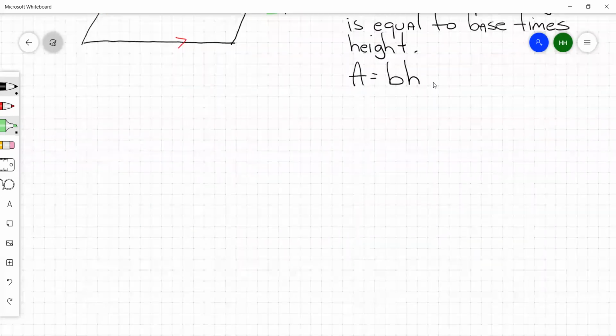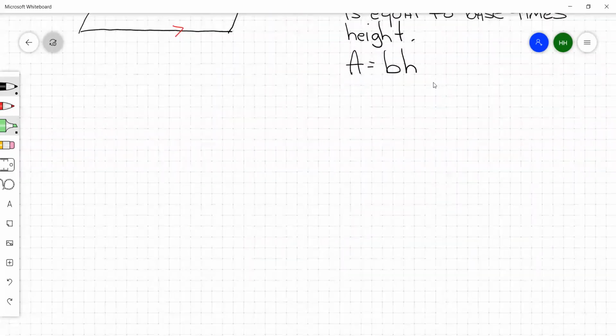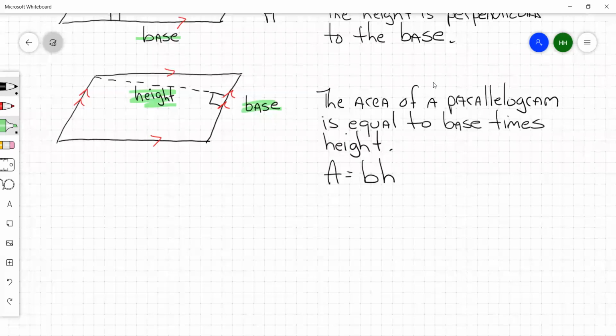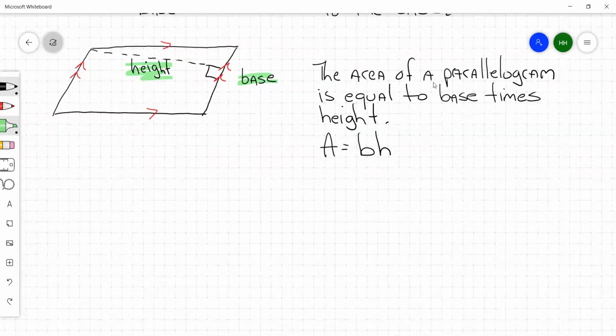So let's find the area of this parallelogram. Let's draw this parallelogram.